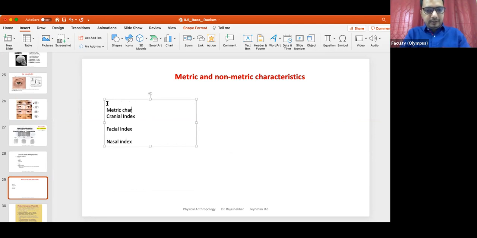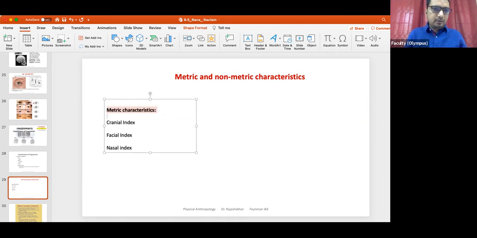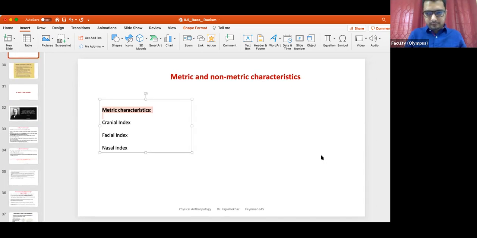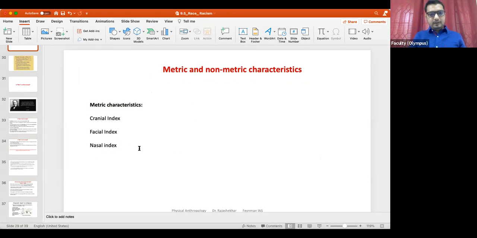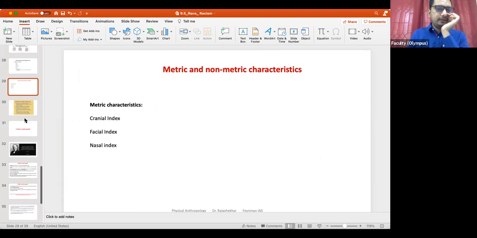There were several metric characteristics that we learned about, so just know that. These are quantifiable characteristics, such as cranial index, facial index, and nasal index, those that we could measure.